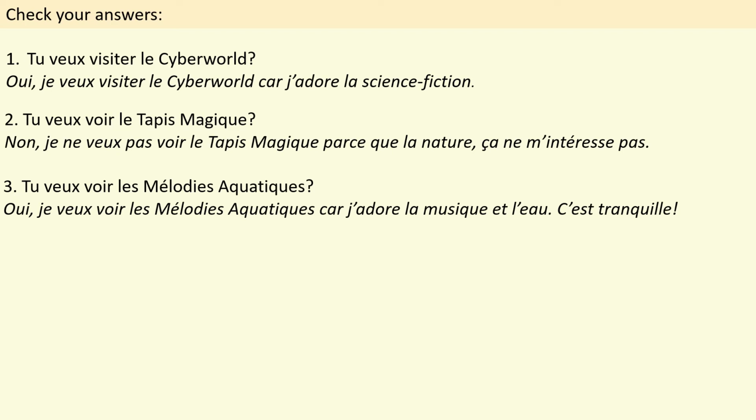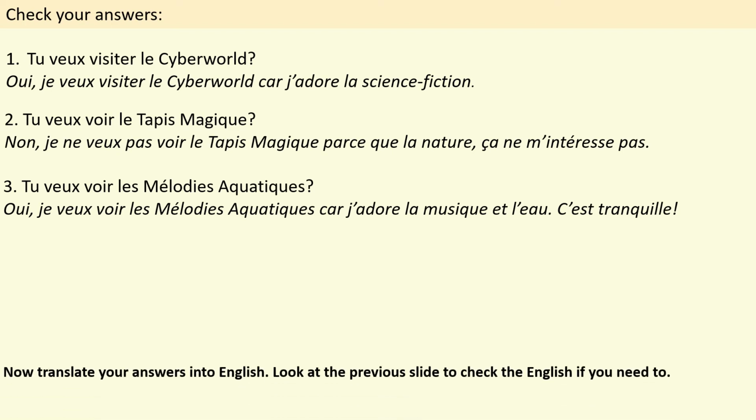C'est tranquille. Make sure for this one that you've got your accent on the E of mélodie in the question and in the answer as well. What I'd like you to do now is also to translate your answers into English. And you can look at the previous slide to check the English if you need to.